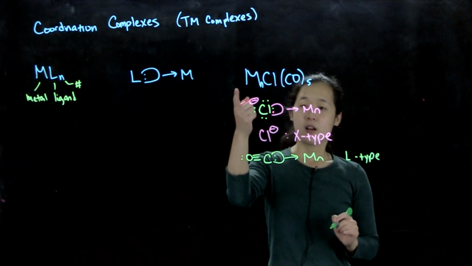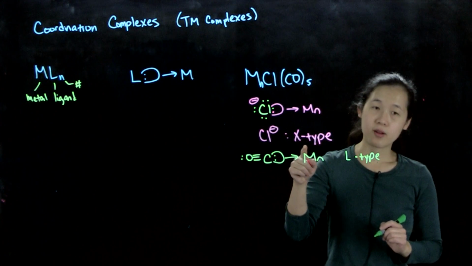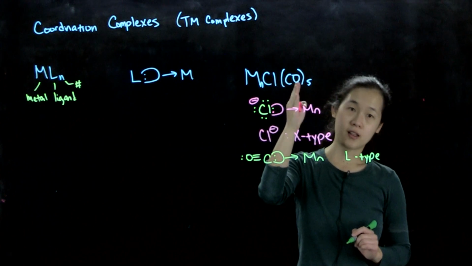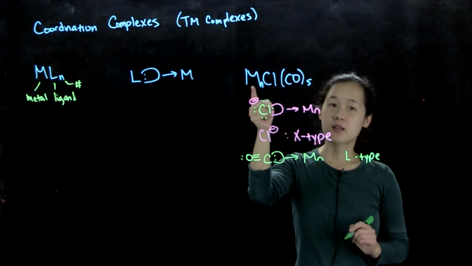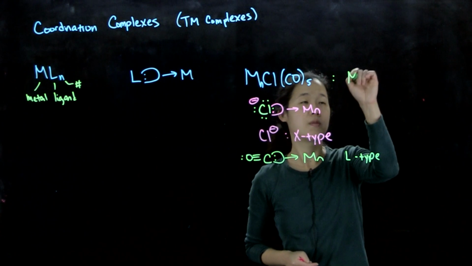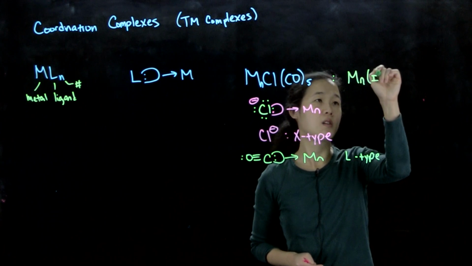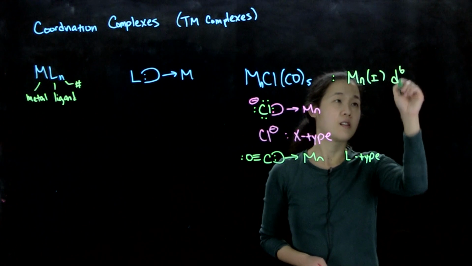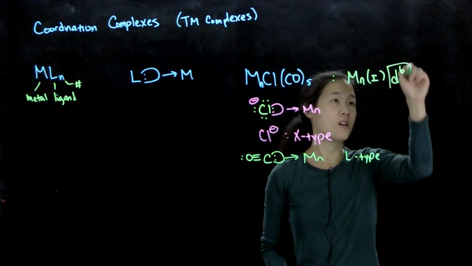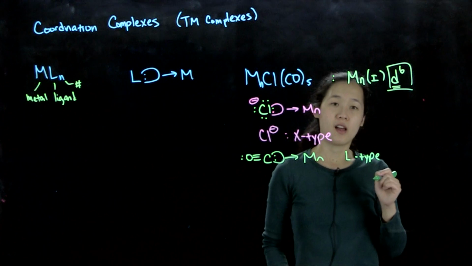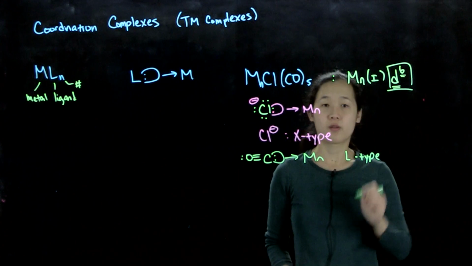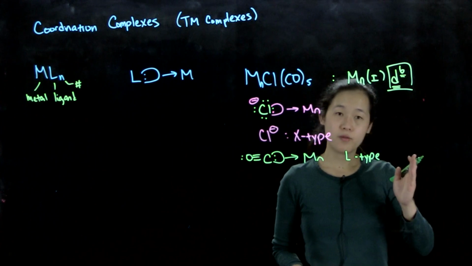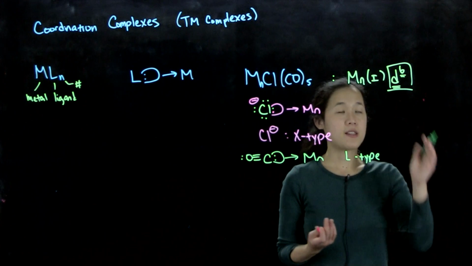And therefore, if we have only one X-type anionic ligand in this complex, and we have 6 ligands, so 1 chlorine and 5 carbonyls, this is still going to be manganese 1. And then this will be, therefore, d6. So this notation means that we're talking about the number of d electrons, the total number of valence electrons remaining, so 6, because manganese is in the 7th column on the periodic table.